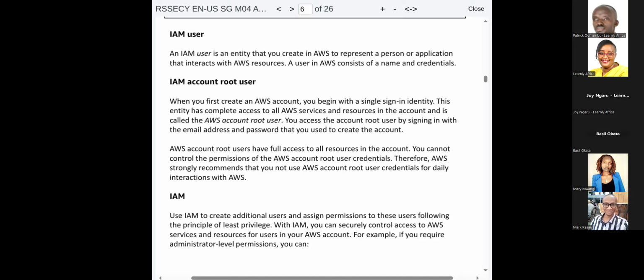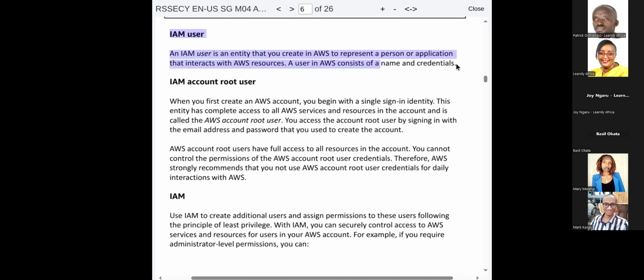All right. And we have best practices. You can access your account root user by signing in using your email address and password. And also this is very examinable. You can access your root access using your email and password. And remember, for an IAM user, you're using your name and credentials.